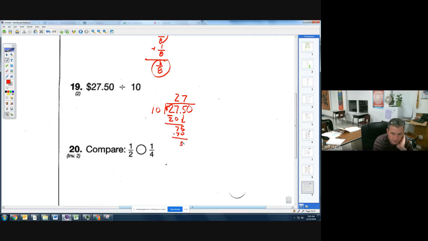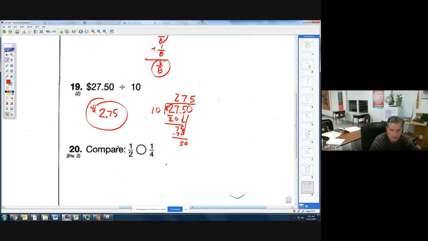I subtract. I can't quit there because I still have another 0 to bring down. And 10 goes into 50 5 times. Please understand, if you put 275 down, you will be wrong because it needs to be in money form. So it is $2.75.